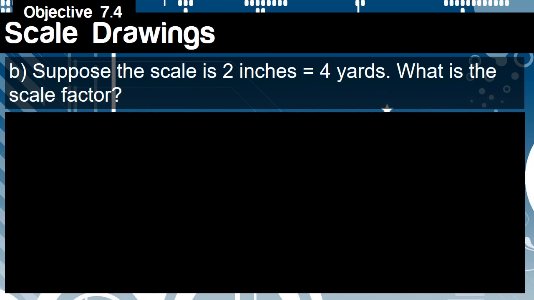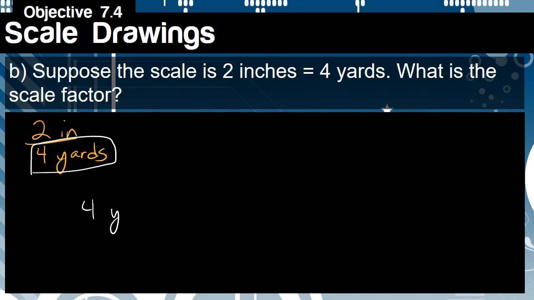Now suppose our scale here is 2 inches for every 4 yards. What is the scale factor here? The biggest thing is to take yards and convert that to inches. So in order to do that, 4 yards, we know that 1 yard is equal to 3 feet.